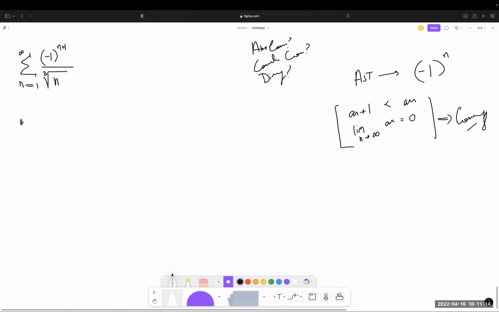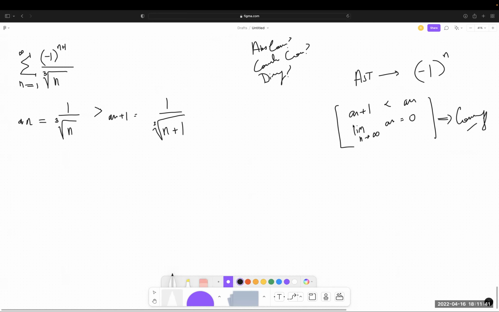So what is the a of n? The a of n is everything but the -1, and the a of n plus 1 is just going to be, so we would add a 1 to the n, right? So a of n is obviously going to be bigger in this case. Since we're adding more to the denominator here, this becomes smaller.